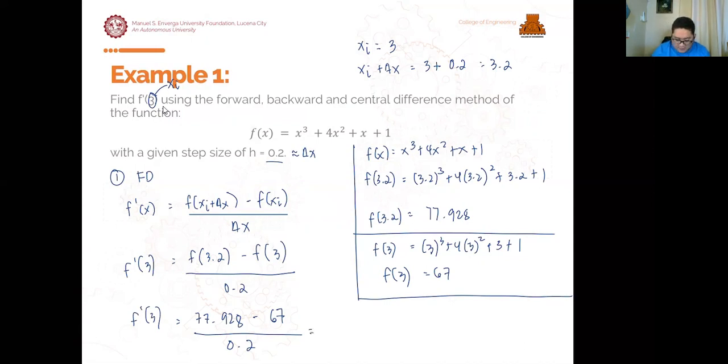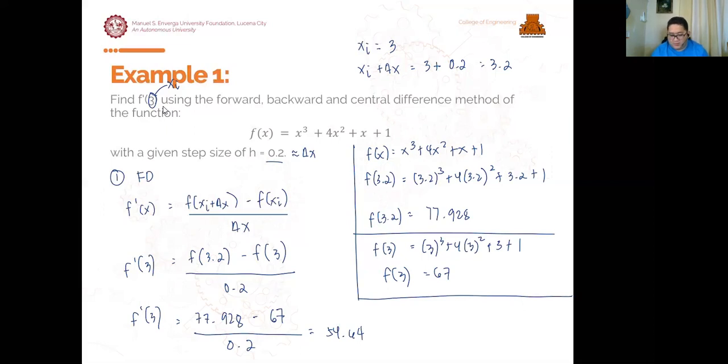Okay? So it equals 77.928 minus 67, then we divide by 0.2. Our answer is 54.64. This is our approximate value. But what is our true value, or the exact value of our problem?